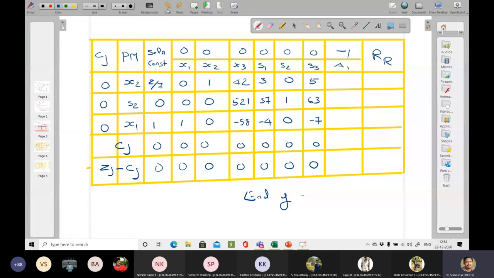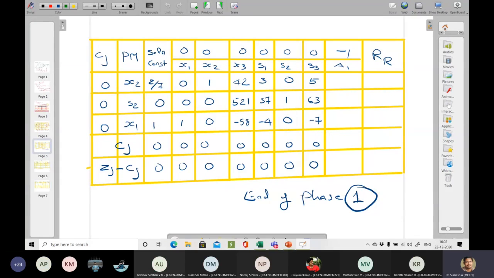So this is the end of phase 1. When you solve the previous iteration, you will end up like this. Since all Zj minus Cj values are either zeros or positive, that is your termination. This is the place where we stopped in the morning.